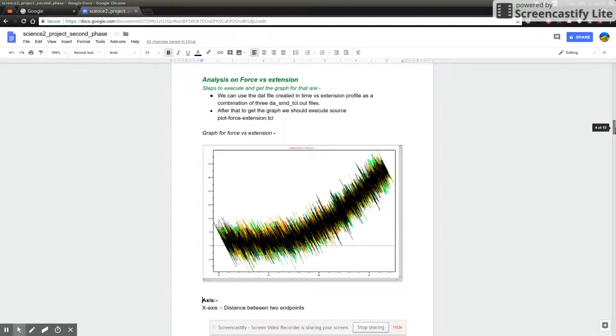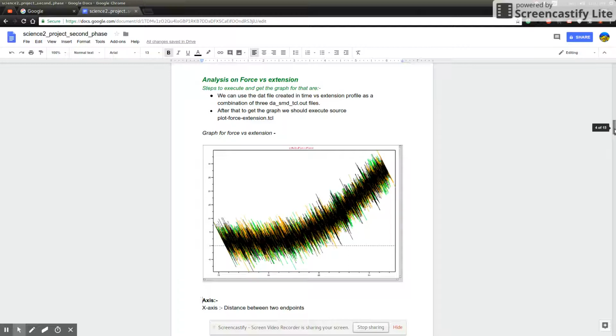For other people's graphs, while we are applying force on the molecule, there is no expansion, and the graph is like this, and suddenly the force will be maximum and the extension will also be the maximum.